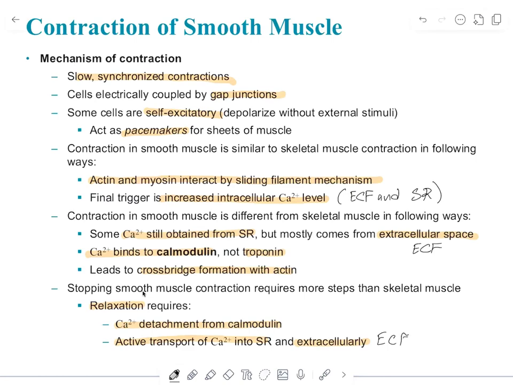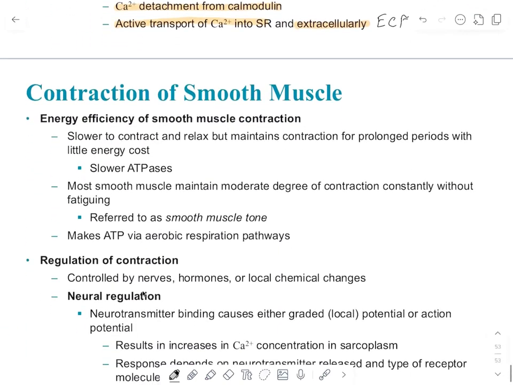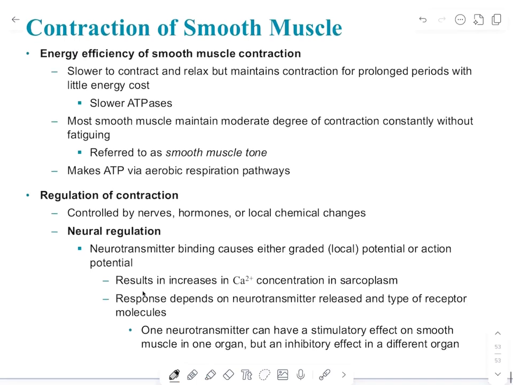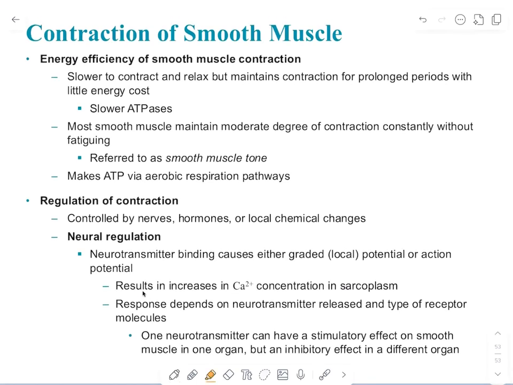but also the extracellular fluid. The energy efficiency of smooth muscle means that it's slower to contract and relax, but maintains contraction for prolonged periods with little energy cost. This is because it has a slower ATPase, which remember is still the myosin.